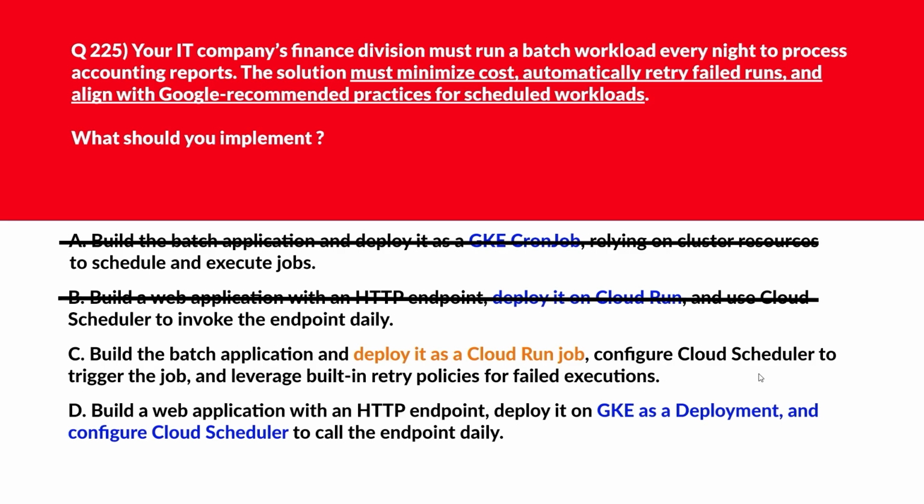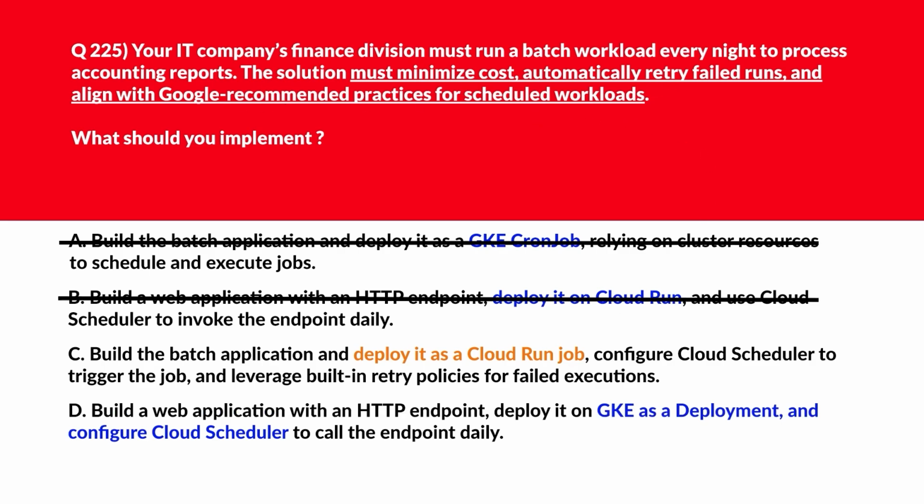Configure Cloud Scheduler to trigger the job and leverage built-in retry policies for failed execution. Cloud Run jobs are designed for scheduled batch workloads, scale to 0 when idle, include automatic retry support, and minimize operational cost.